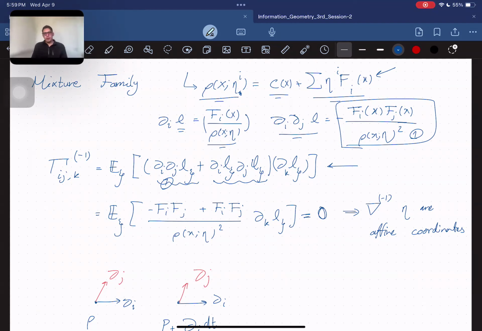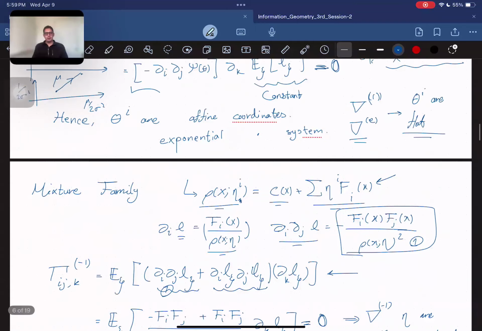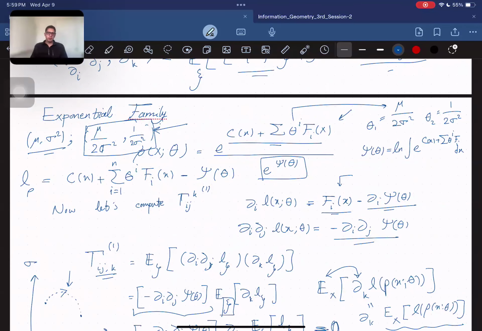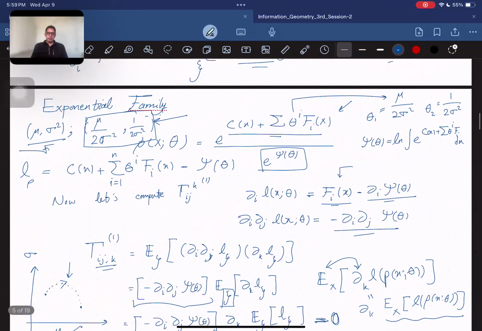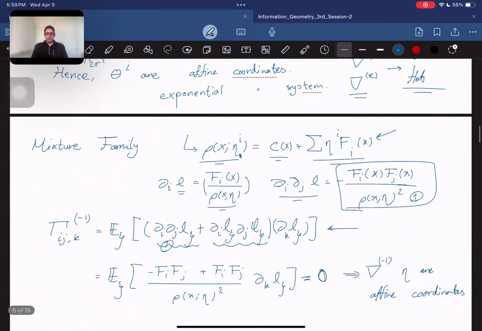So if I parameterize my mixture family, remember in the exponential family, the parameterization was not natural, as mu and sigma squared as here. But here the parameterization is very straightforward.